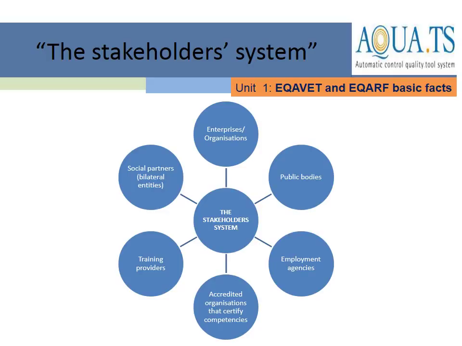Employment agencies. They are territorial authorities responsible for the matching between the demand and supply of skills. Accredited organizations that certify competencies. Competent authorities at national or regional level that are in charge of the certification of professional competencies.